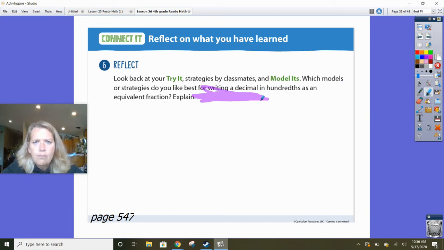What model do you like best for writing a decimal in hundredths as an equivalent fraction? It's kind of a confusing sentence, isn't it? Well, let's just see which one you like best. So it's equal to the fraction, but you're writing the decimal. Either way, which model kind of makes sense to you visually?